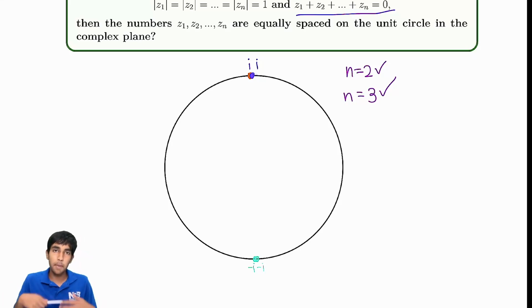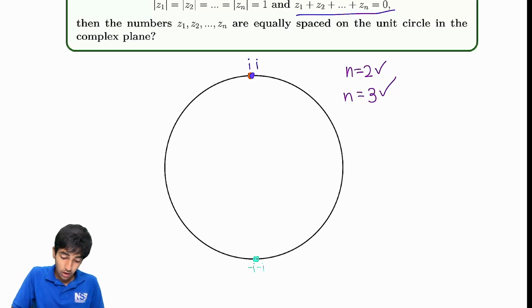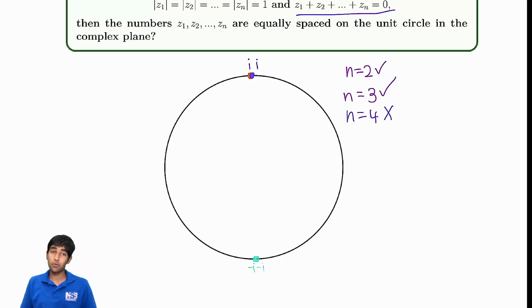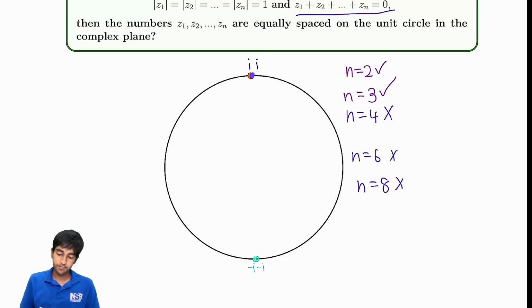Now what if we just scale that by 2? Now we put 2 points here and 2 points here. That does work. So unfortunately for us, or fortunately, whatever you want, n equals 4 doesn't work. And by the same logic, we can get that all even numbers are not going to work.